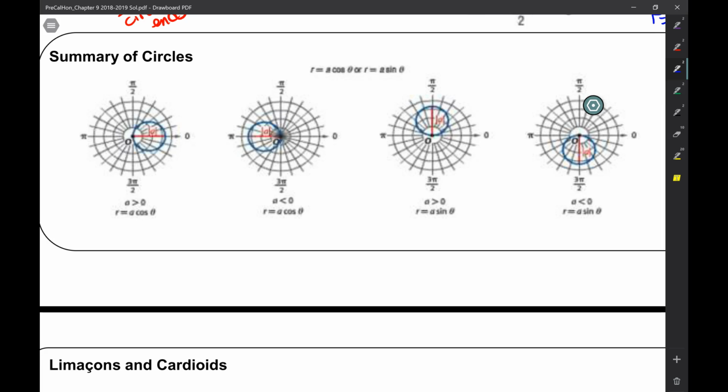So often on a test or a quiz, for example, I'll give you a graph and say, give me the equation. So it's up to you to know. Now, as we progress through the lesson, you will learn new tricks with symmetry and things like that, but right now it's a good idea to make flashcards and figure this out.